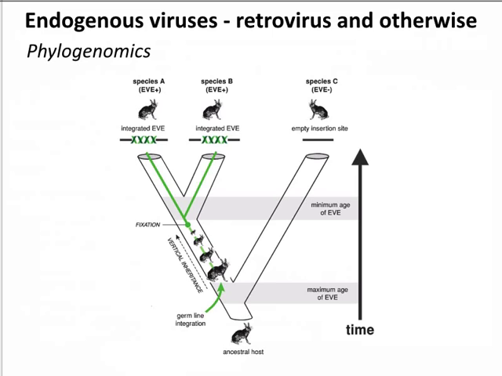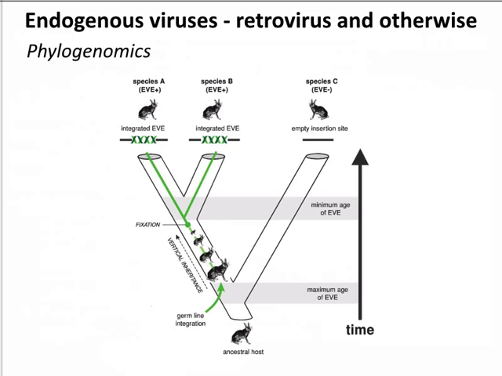So we have all these different animals. You have an ancestral host, and then you have a phylogenetic tree. They're all rabbits here, but they're meant to be different species that have evolved from each other. And you know roughly the age of these animals when they speciated. So for example, these two individuals split around here in time, and this one split earlier.